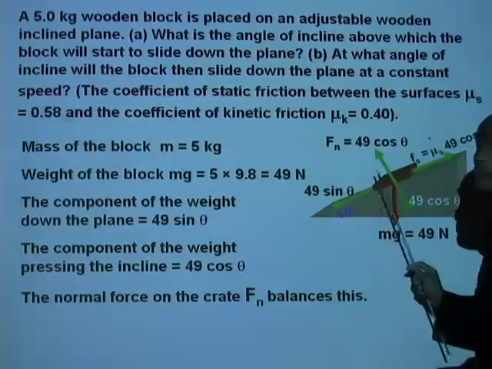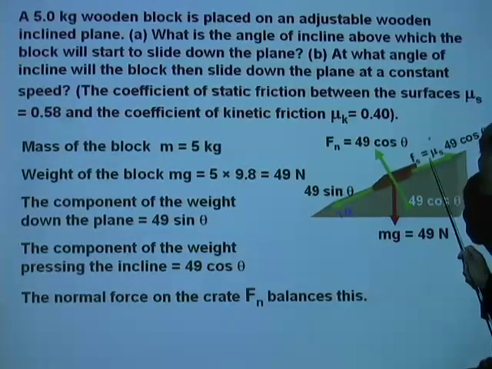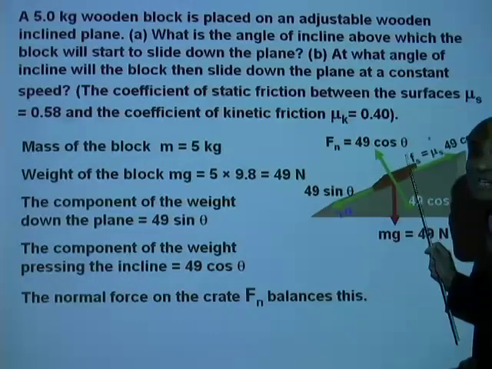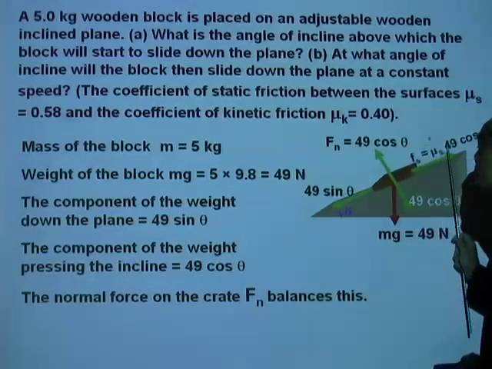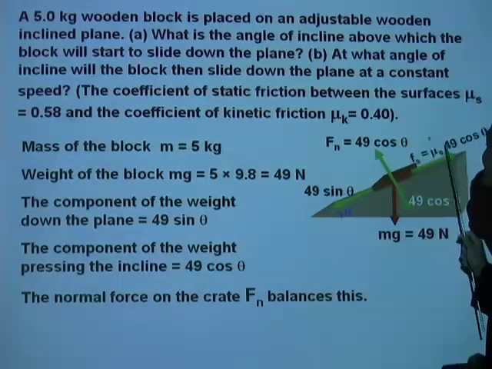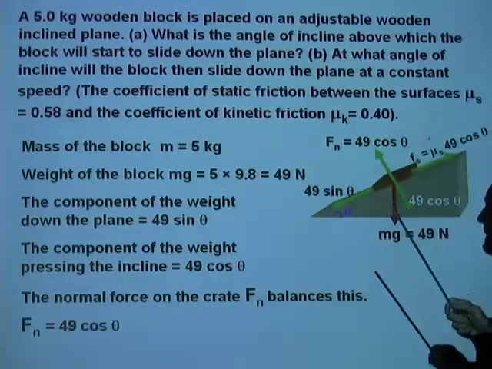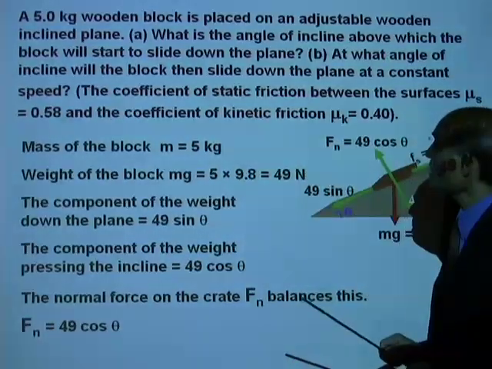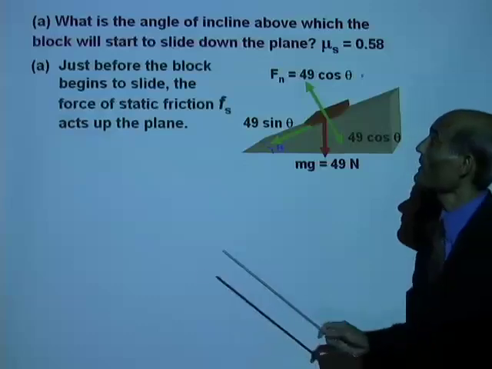Do you remember that force? Fs equal to mu s mg cos theta. In other words, the force of static friction is mu s times Fn, mu s times 49 cos theta. So that is the normal force, Fn equal to 49 cos theta.